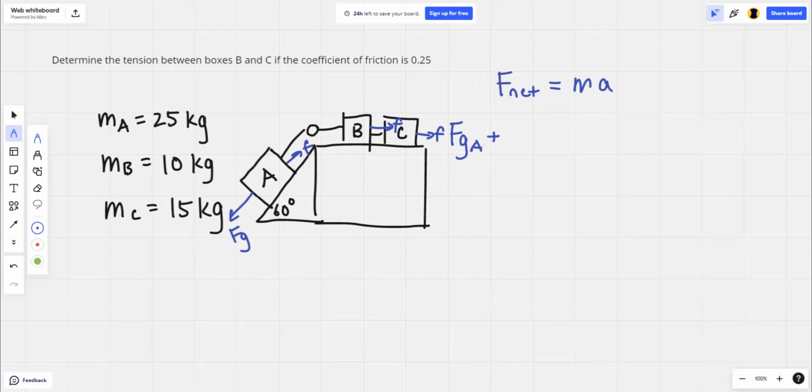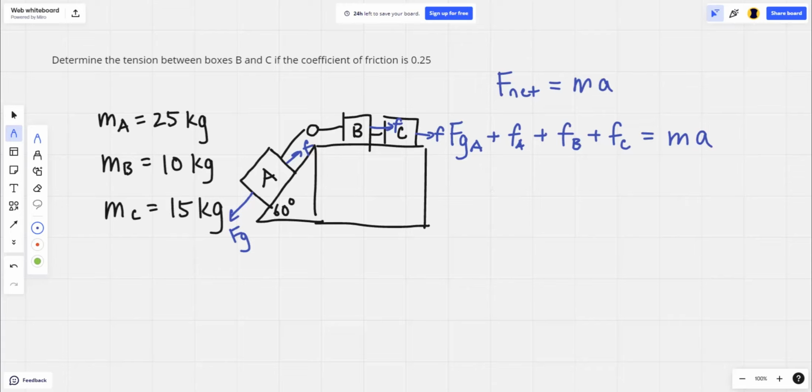So we've already got the gravity force of A, and now we need the friction force of A, and then the friction force of B, and then finally the friction force of C. And that's going to equal MA. Now we can use some formulas to figure out what the Fnet actually is.